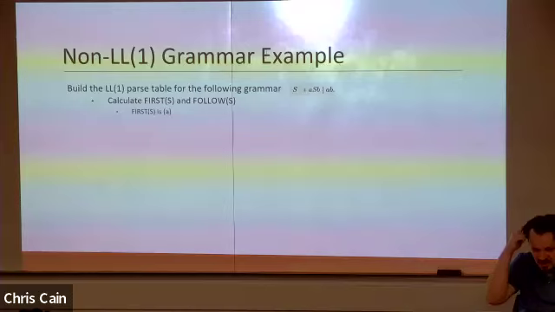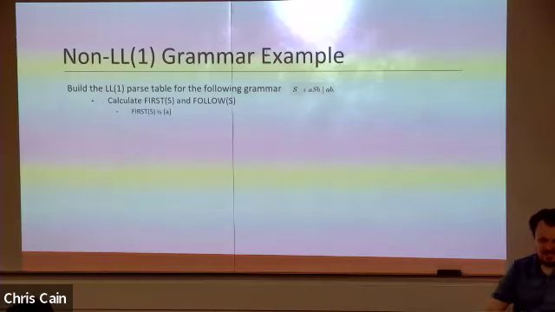What about follow of S? What could come after the non-terminal S? That first step is always to add dollar to this set, because by definition, if it's the start non-terminal, then what follows it could be the end of the string.